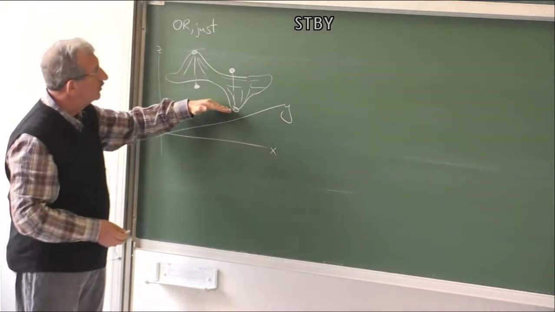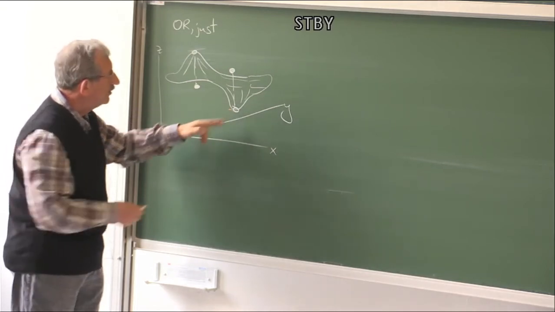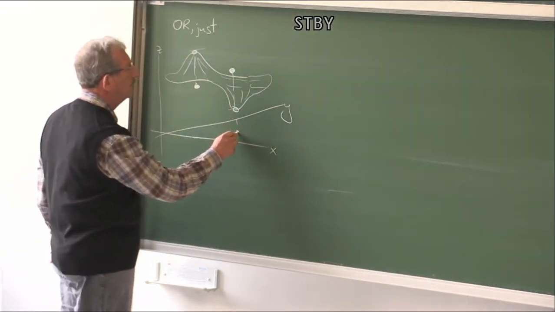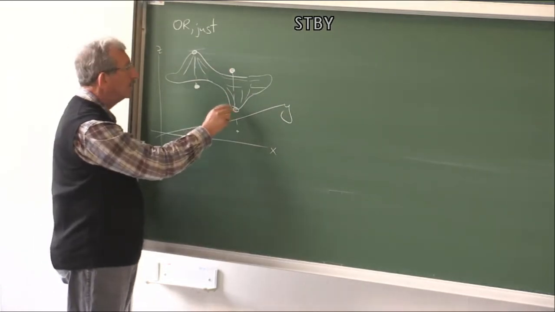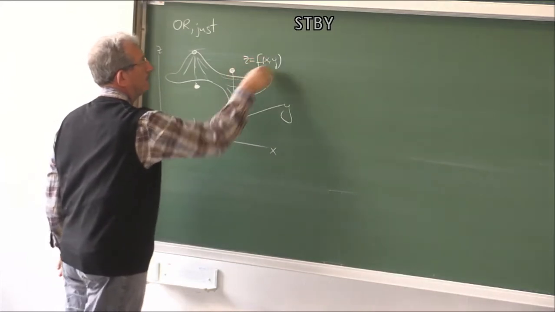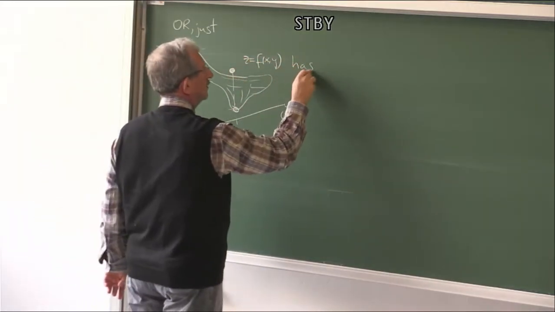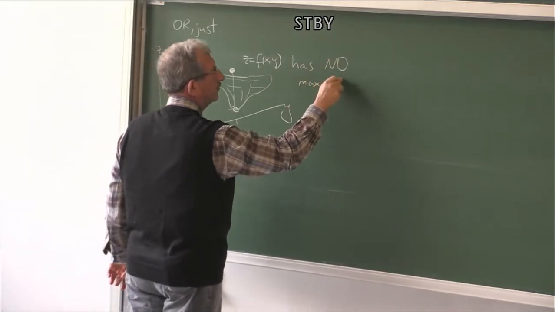Similarly, this should be the minimum value, but there's no value there. The value on top of this point is here. So this is not the smallest value. So this function has no maximum or minimum.